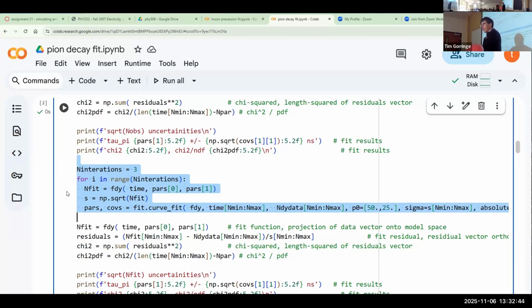Whereas if you're using the square root of the number of counts that you observed, which has the statistical fluctuations in it, then you'll get statistically varying uncertainties. So the true uncertainties shouldn't vary statistically. The true uncertainties should be a measure of the true fluctuations, which should vary smoothly across your histogram.